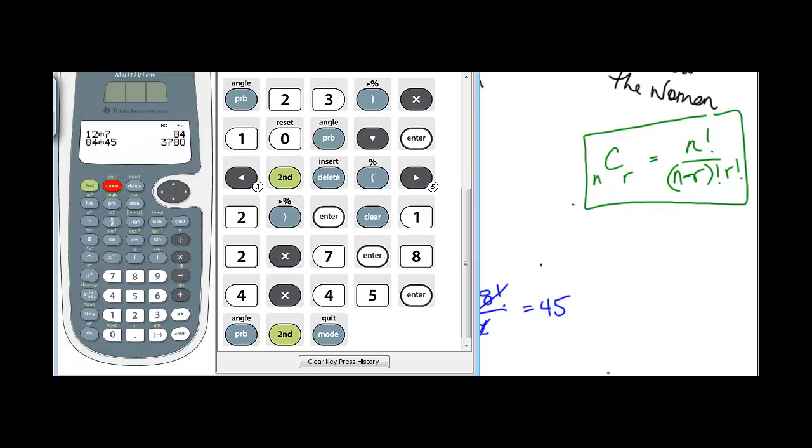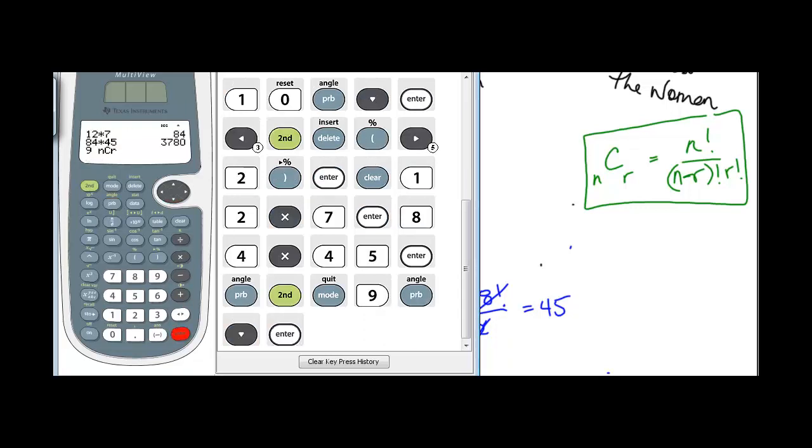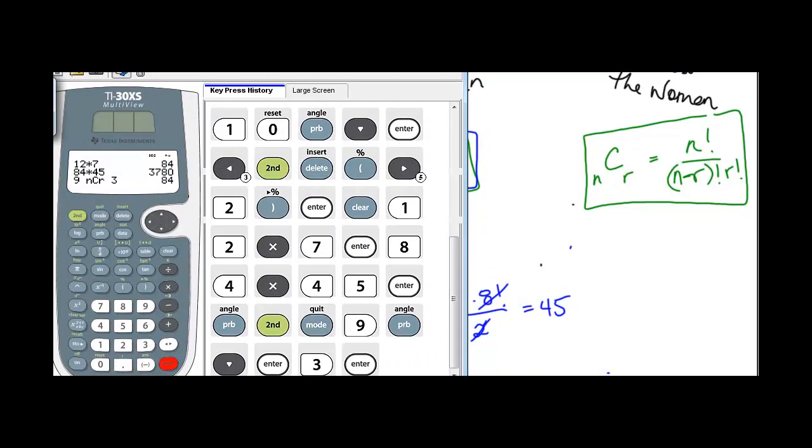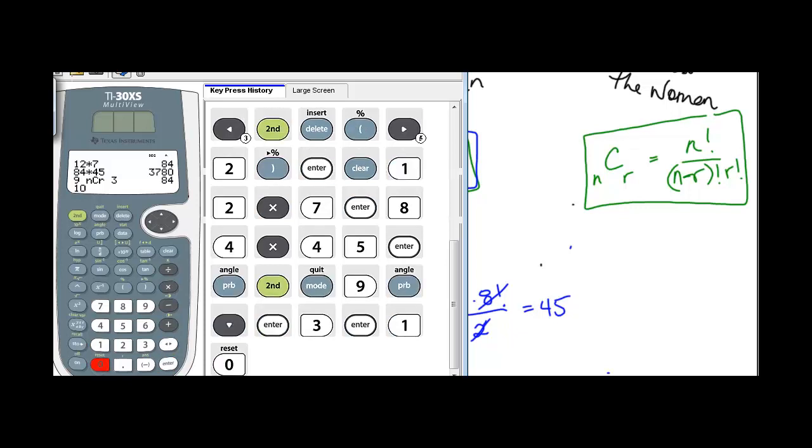So we said that the total we had was 9, it is a combination, and out of that 9, we're choosing 3. And then the other combination was out of 10, so a total of 10. For combination, go to the probability button, option 2. I'm going to choose 2.